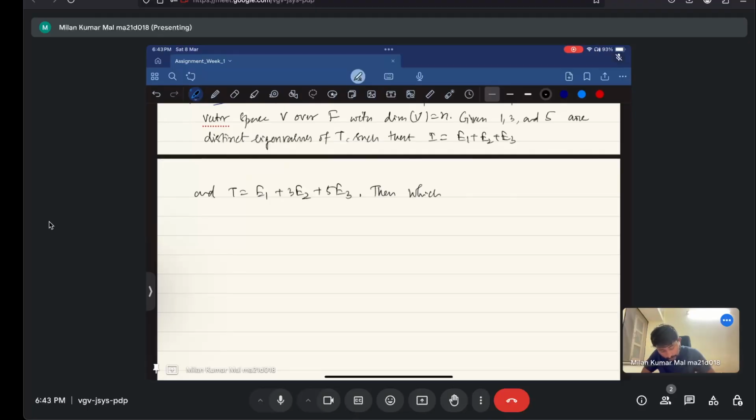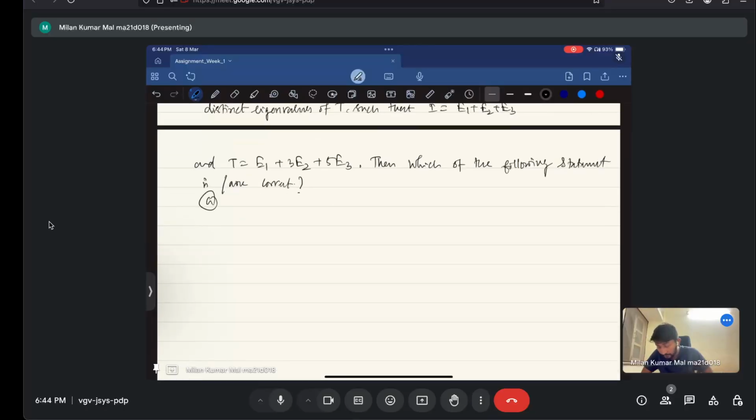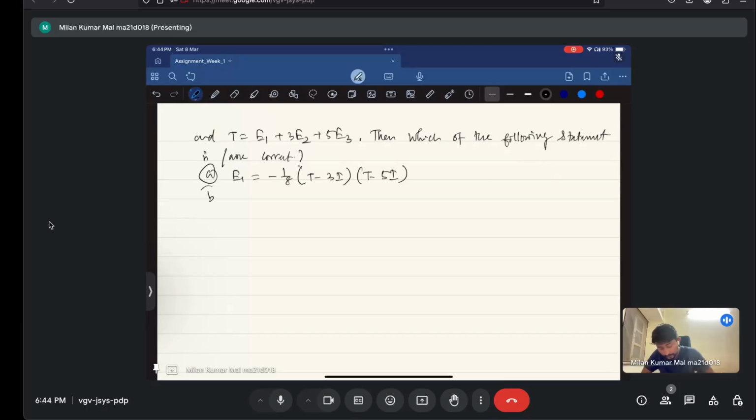Which of the following statements is or are correct? First option, A: E1 is equal to minus 1 by 8, (T minus 3 times identity)(T minus 5 times identity).